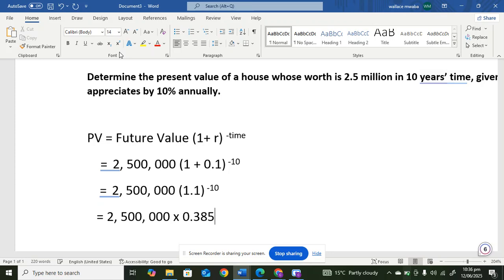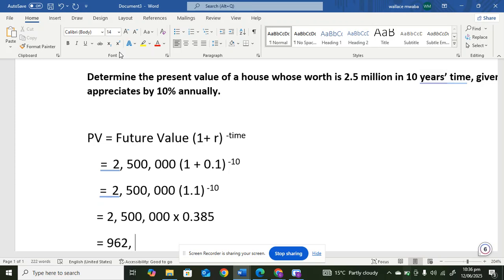Okay. Then we multiply this by 2.5 million. Just hold on. 962,500. Okay, may I round it off?